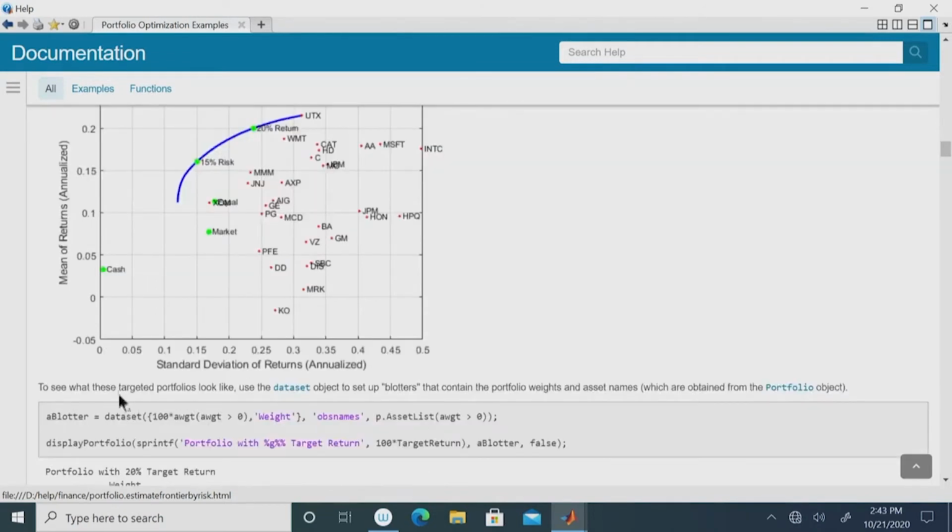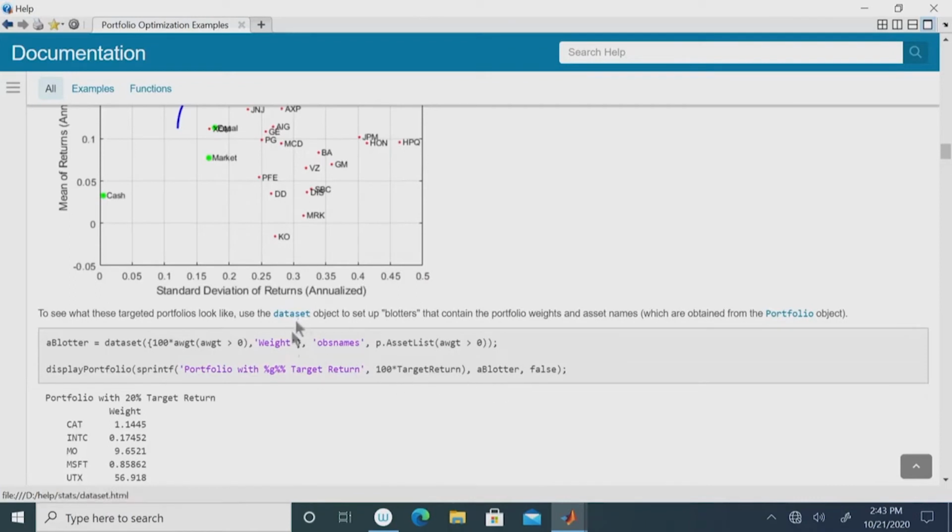Now we need to determine the exact portfolio for the 20% return and the 15% risk, and accordingly we will use a blotter, or a table, that will consist of the portfolio weights. First of all we will use a blotter which takes 100% into AWGT.